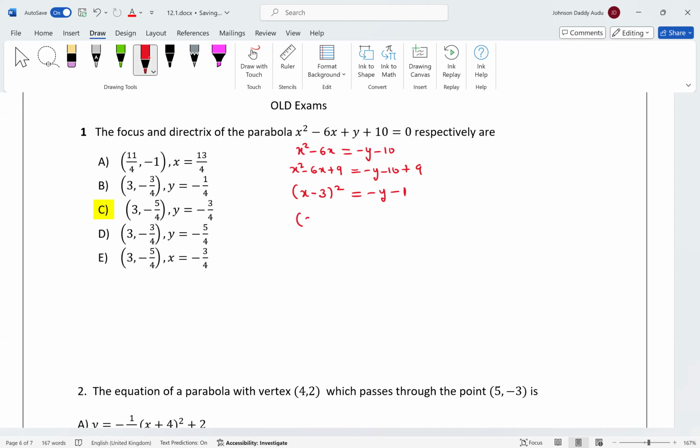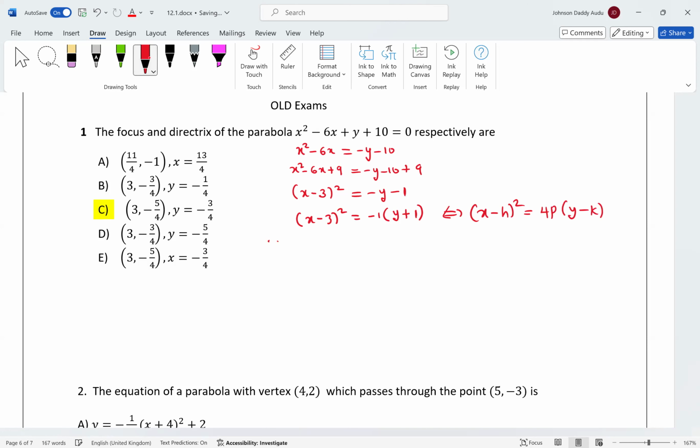And then we can write this as (x minus 3) squared is equal to minus 1 times (y plus 1). So we compare with what? We compare with (x minus h) squared is equal to 4p(y minus k).